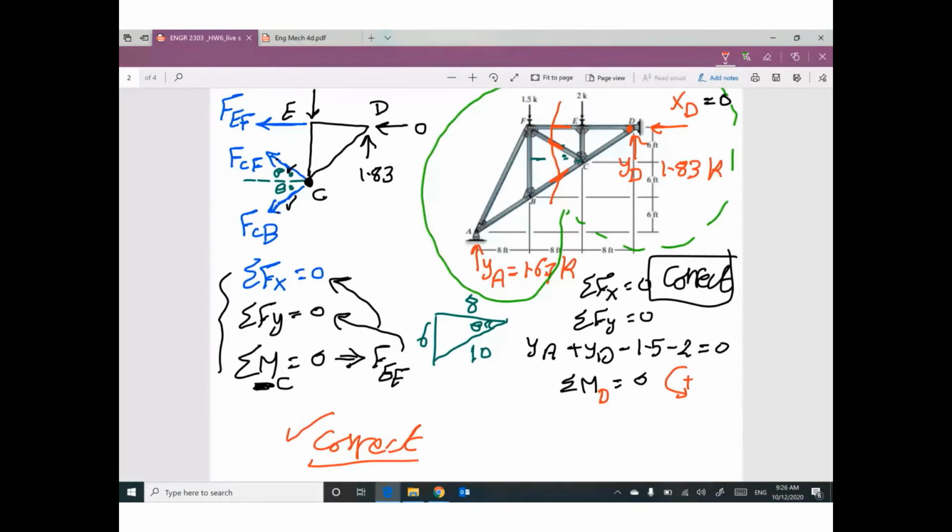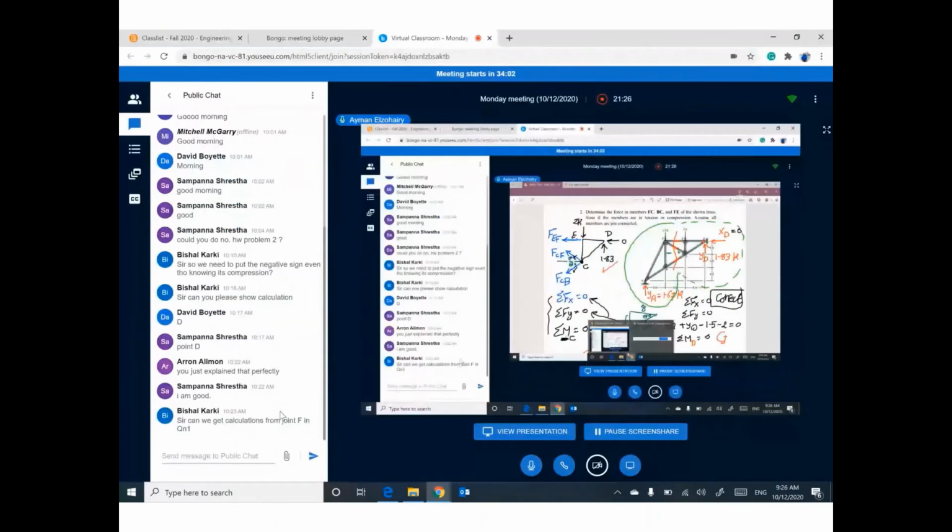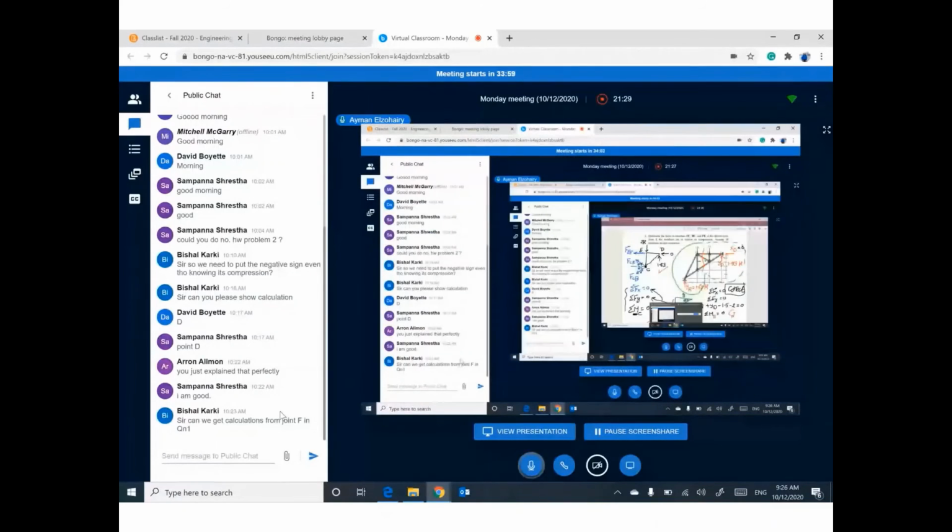If you did everything correct, you are doing the free body diagram correct, put everything on this part and apply your equilibrium equation, and you have a mathematical error, I can skip it. But at least the final solution looks like engineering mechanics. You know, I'm teaching engineering mechanics. I'm not teaching mathematics. So do you know what I mean? I'm not grading for the final answer. I'm grading for steps for engineering mechanics.